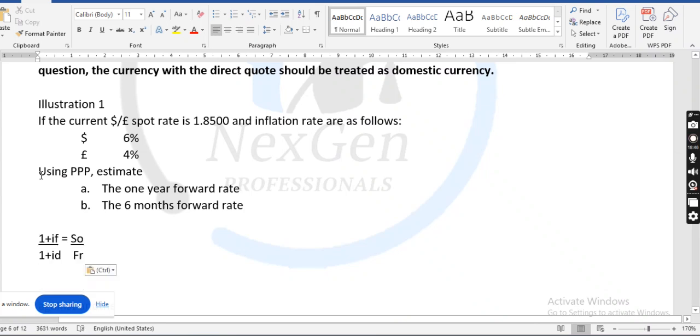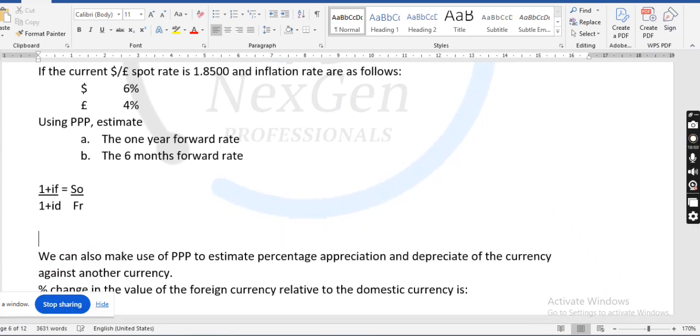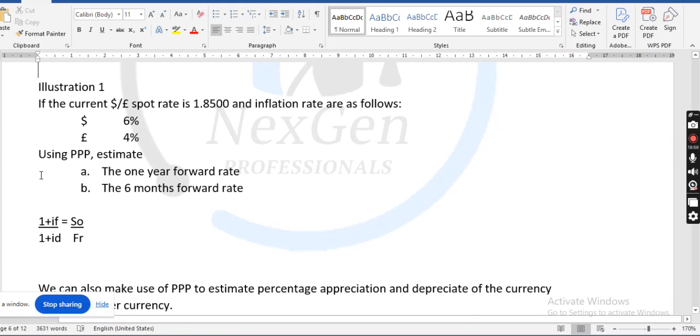There is no Nigerian currency given to us. We're given the spot rate to be dollar to euro, dollar to euro is 1.8, right? So this is to say that dollar is 1.8, then euro, you have 1 euro, right?